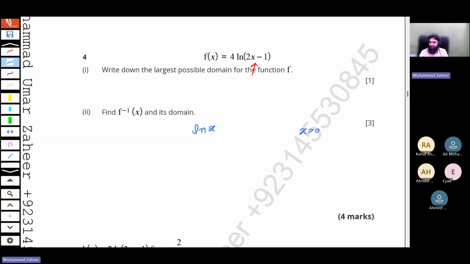It means 2x minus 1 must be greater than 0. Here it is minus 1, take it to the other side, it becomes plus 1. The 2 is multiplying, so on the other side it will divide. So you are going to get the domain that x is greater than 1 by 2.